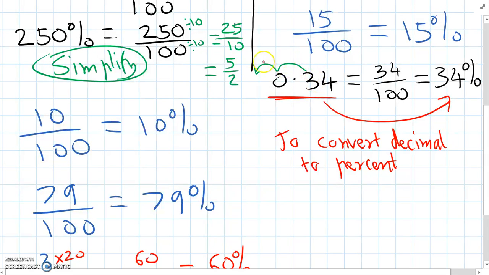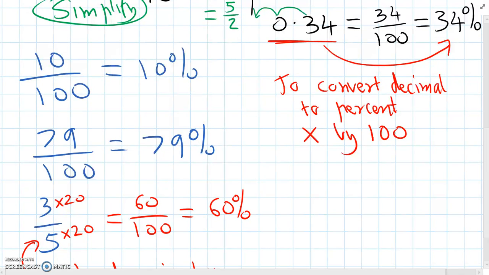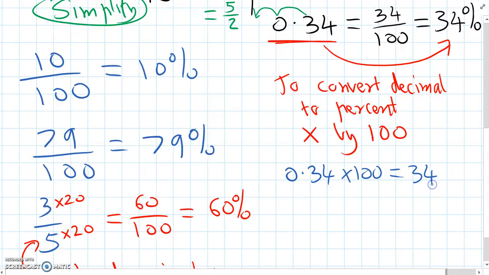So to move 2 place values, that's going to be multiply by 100. And if we practice that, 0.34 times 100 gives 34. And that's our percent.